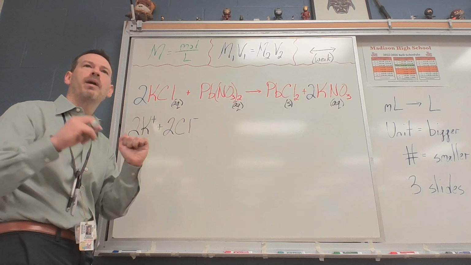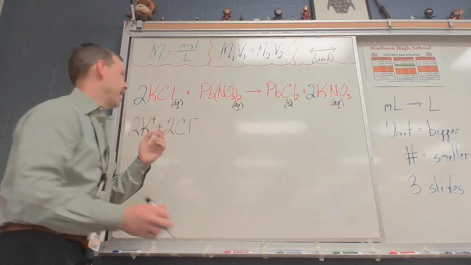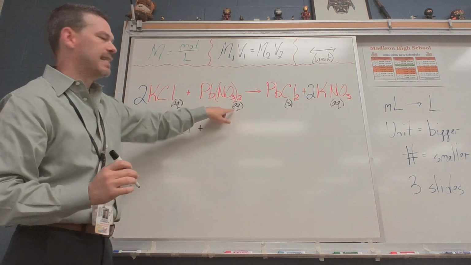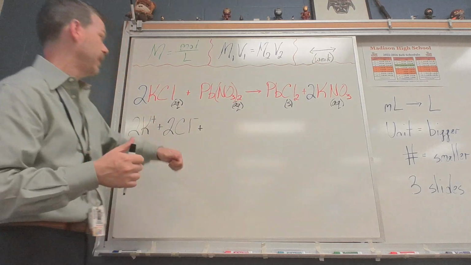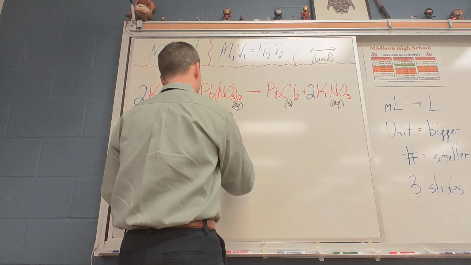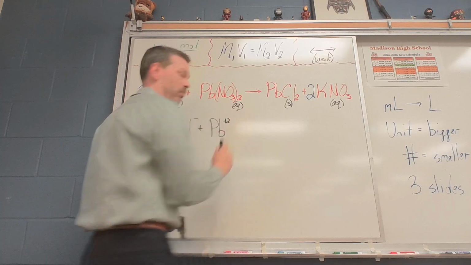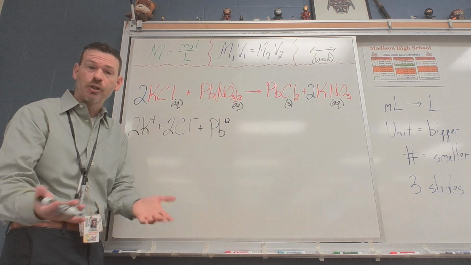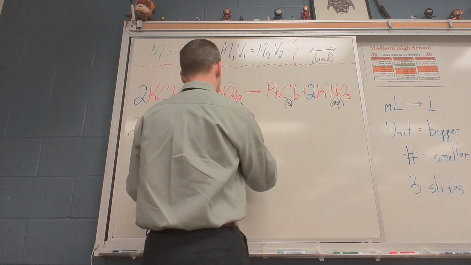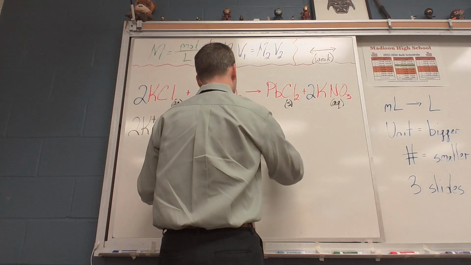Now we go to the next product. Hey, look, it's aqueous. It is going to dissociate into 1 lead. What's lead's charge, though? Yeah, it's +2. Just make sure you show the charge and how many there are. How many nitrates are there? There are 2 nitrates.